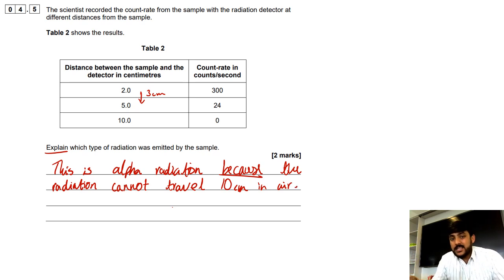If this was beta, beta can travel meters. It would be detected. If this was gamma, gamma can travel kilometers, so it would be detected. So it has to have been alpha.